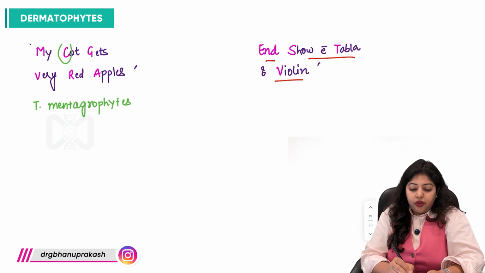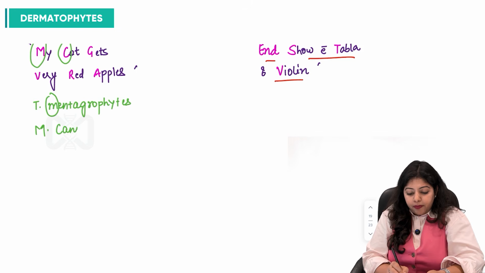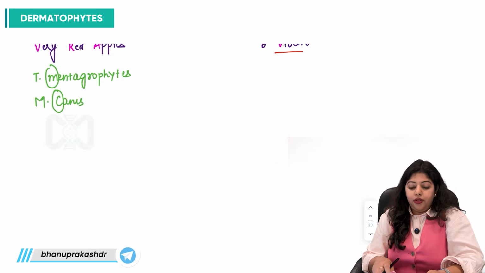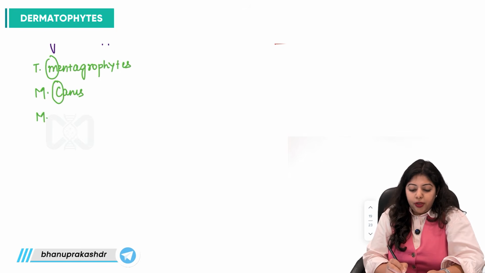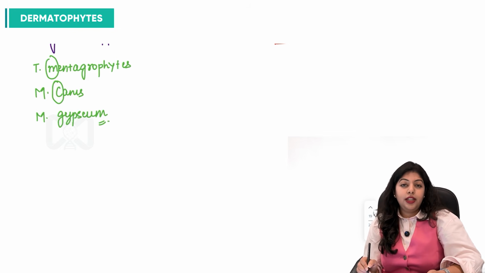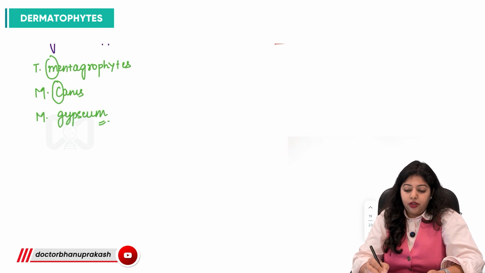C stands for Microsporum canis. Then G stands for Microsporum gypseum, which we have already seen under the habitat, right? So G stands for gypseum.